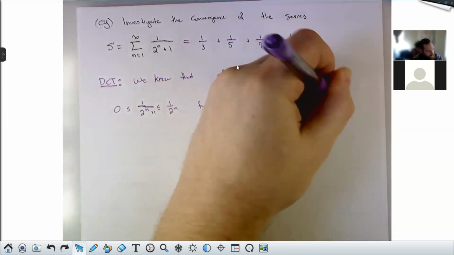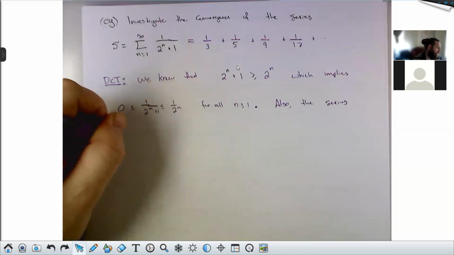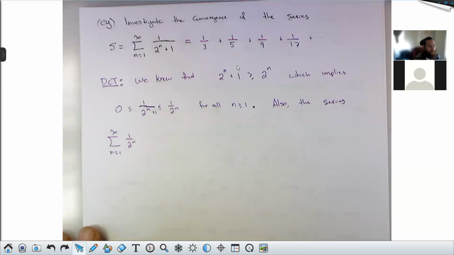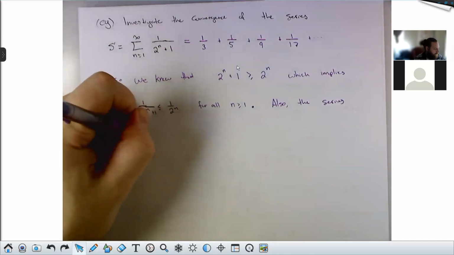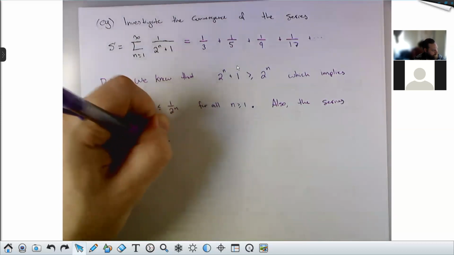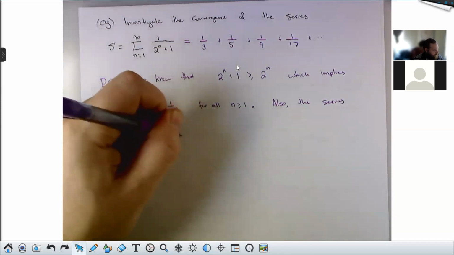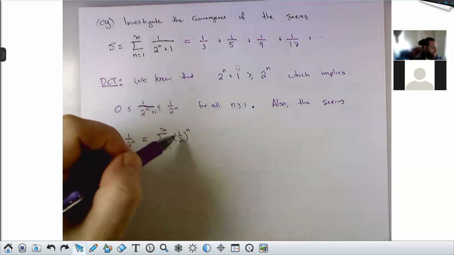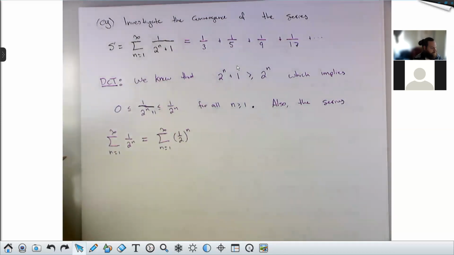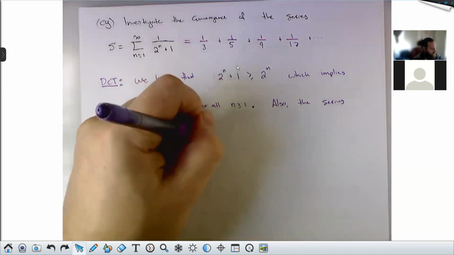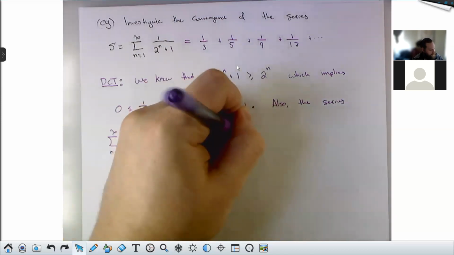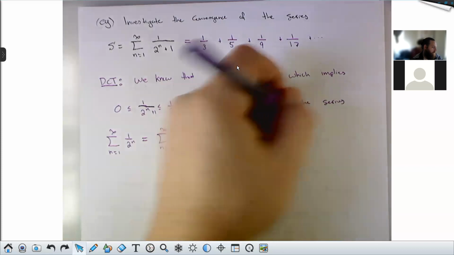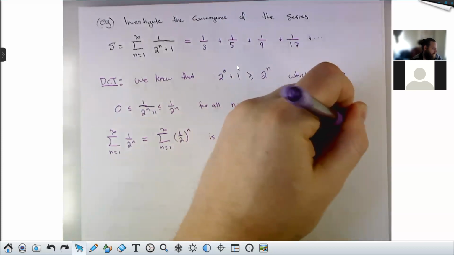Okay. Also, the series sigma n from 1 to infinity of (1/2)^n, we can write this as sigma n from 1 to infinity of (1/2)^n. This is a geometric series with r equal to 1/2.